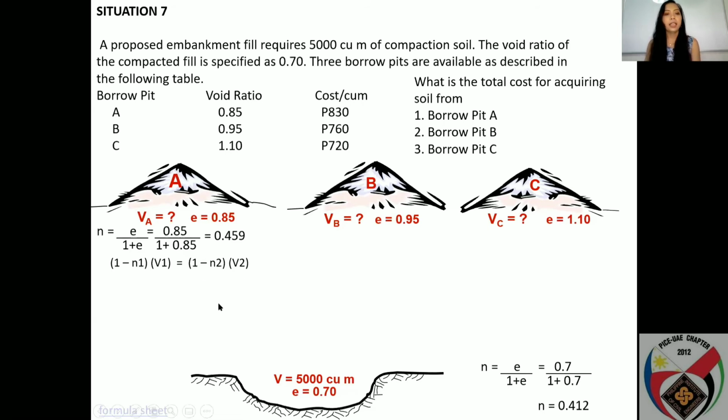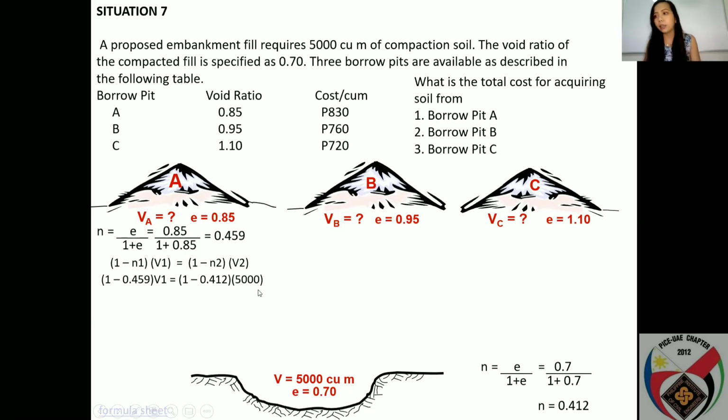The N1 I'll use is 0.459. So it's 1 minus 0.459 times V1. This is the unknown. I don't know yet how much is equivalent to 5,000 cubic meters at a void ratio of 0.70 that I need to take from the borrow pit. Of course, if the void ratio of the source is higher than the place where you'll put it, you should buy more than the 5,000 cubic meters. Because from a compact 0.7, you're taking from a looser 0.85. To match the voids of the soil, I solve for V1. I expect it to be higher than 5,000.